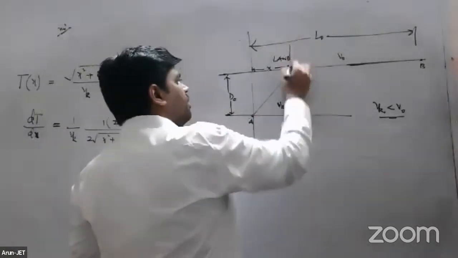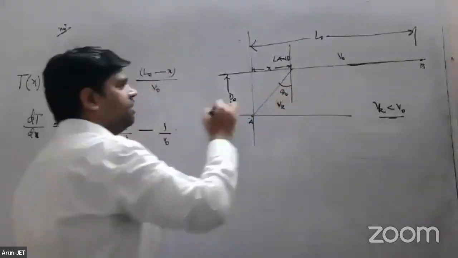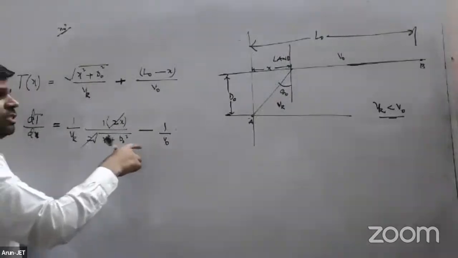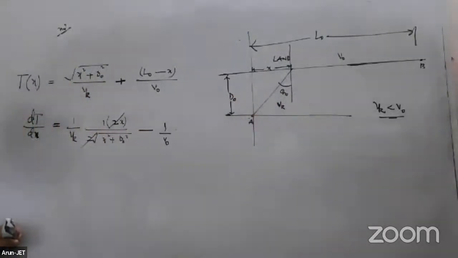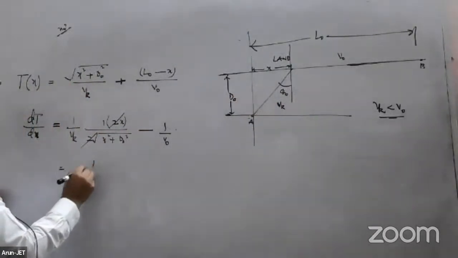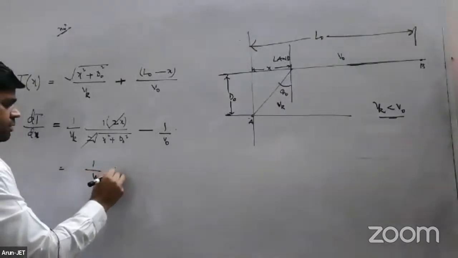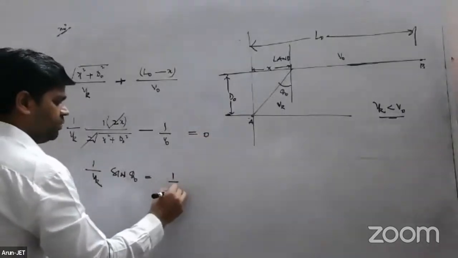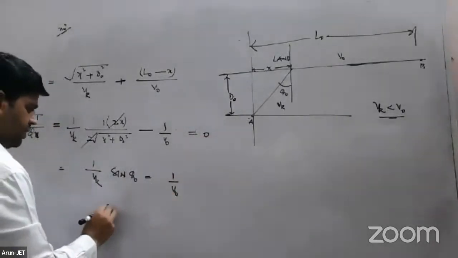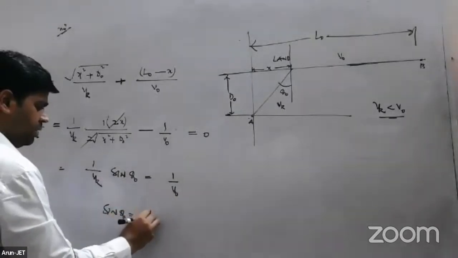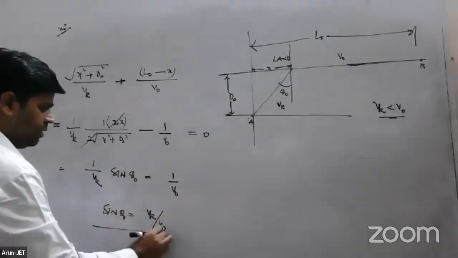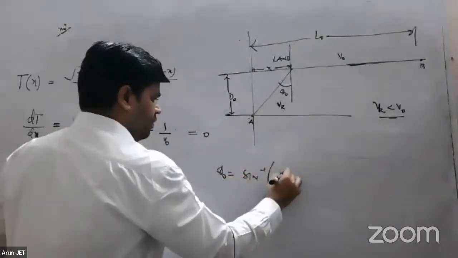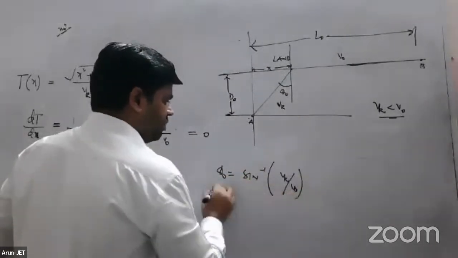All right. Now, if this is theta naught, the 2 gets cancelled out. x by under root x square plus d square is nothing but sine theta naught. So 1 by VR sine theta naught minus 1 by V naught is equal to 0. So sine theta naught is equal to VR by V naught. So theta naught is equal to sine inverse of VR by V naught.